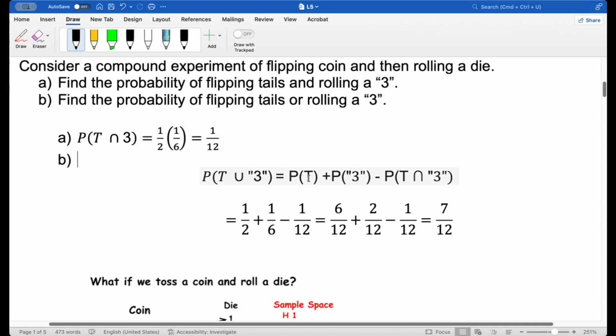The probability of tails is 1/2. The probability of 3 is 1/6, minus 1/12. Using a common denominator of 12, we get 6 over 12 plus 2 over 12 minus 1 over 12 is 7 over 12 for T or 3.